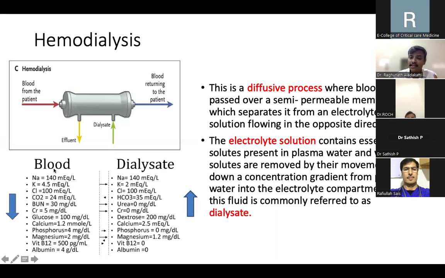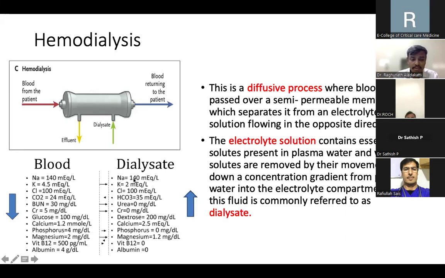But the dialysis solution contains essential solutes present in plasma water, and waste solutes are removed by their movement down a concentration gradient from plasma water into the electrolyte compartment, which is called the dialysate.